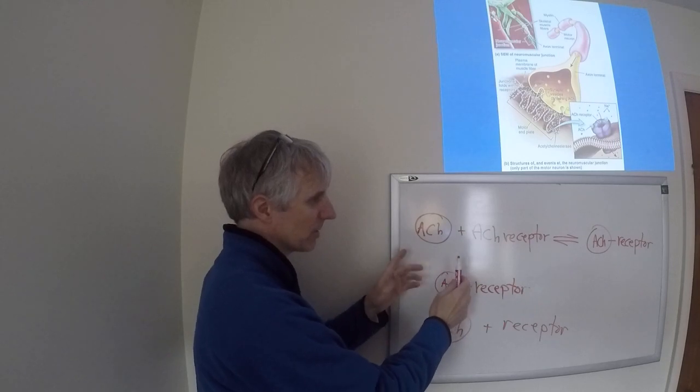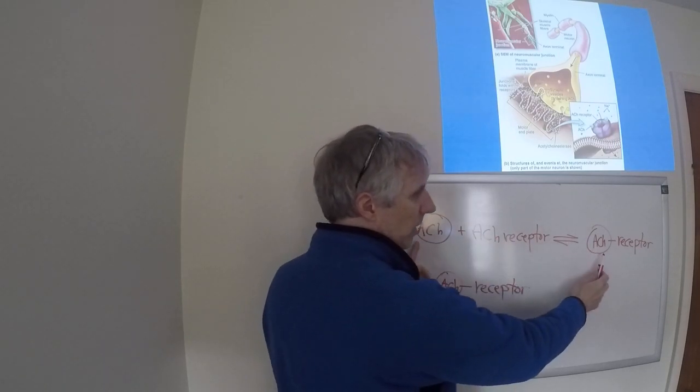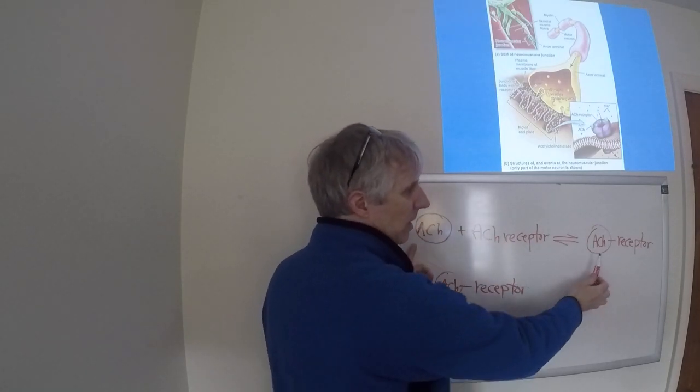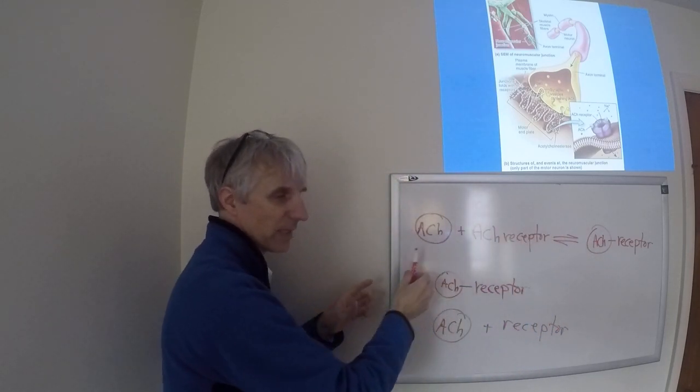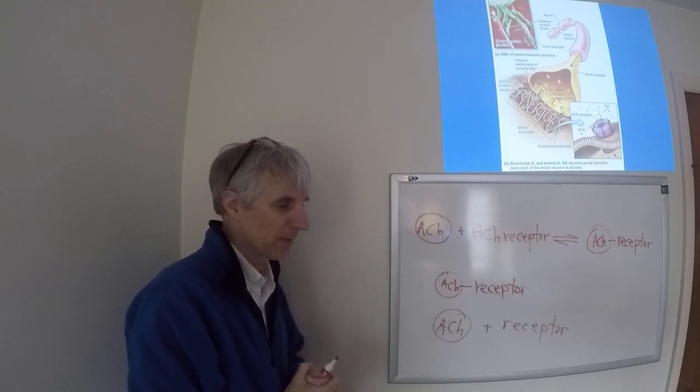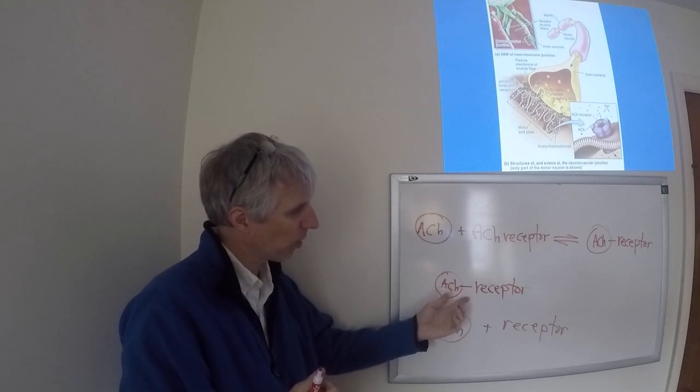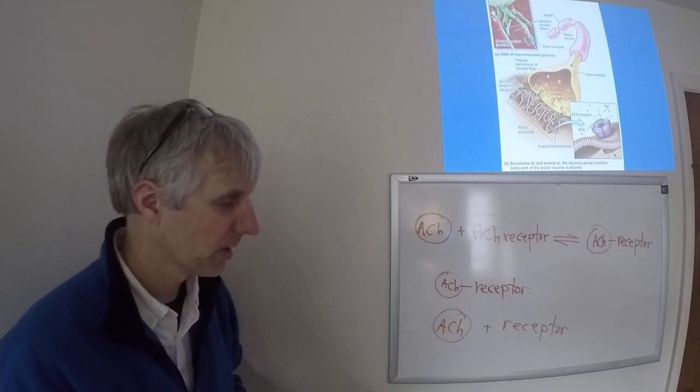Does that make sense? There's always some acetylcholine becoming part of a receptor and always some falling off of the receptor, right? There's some forming and some coming off.